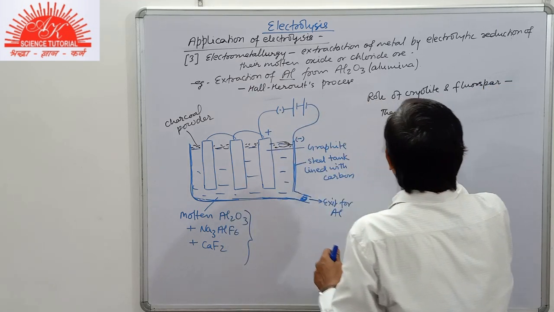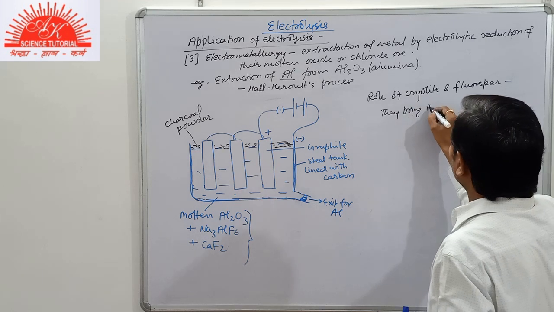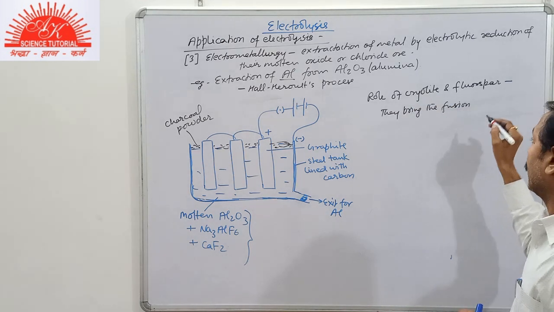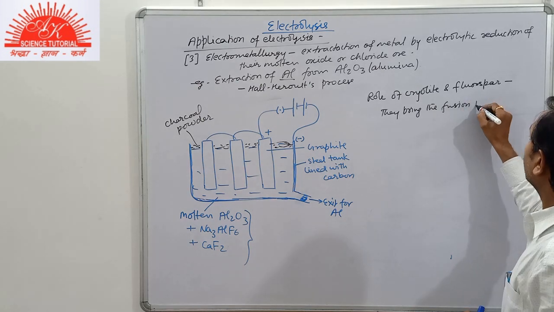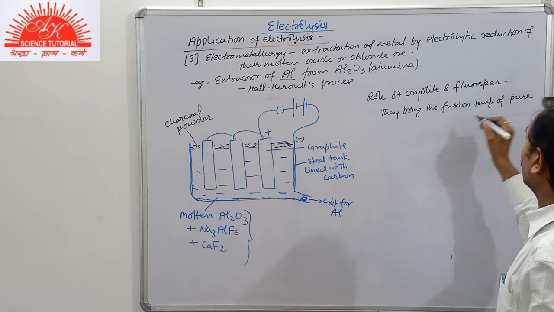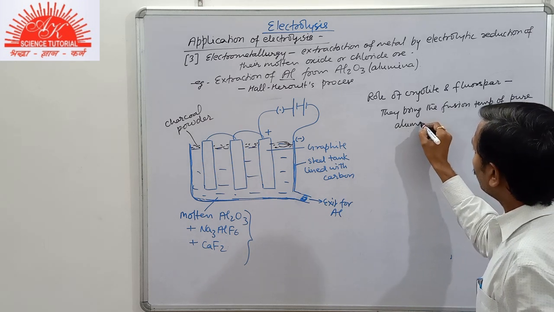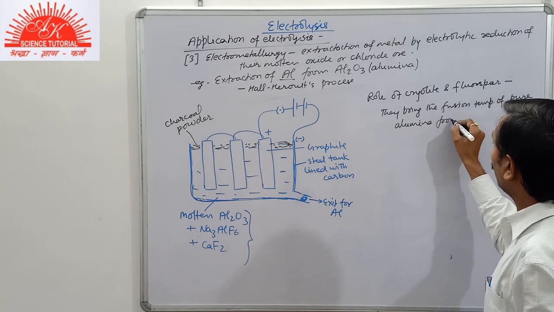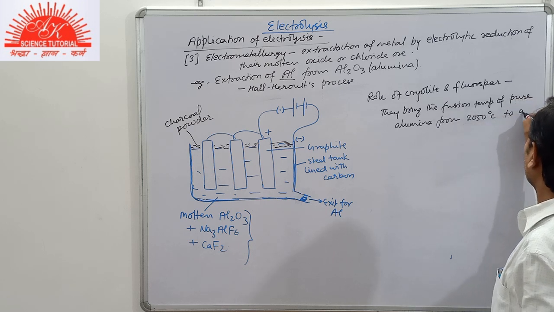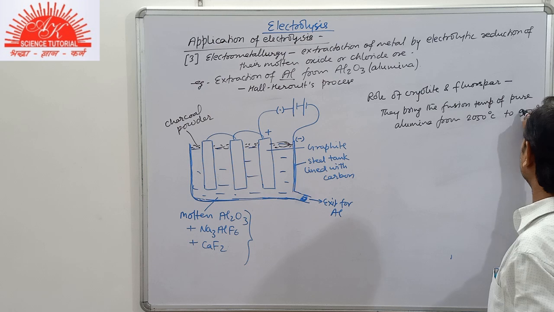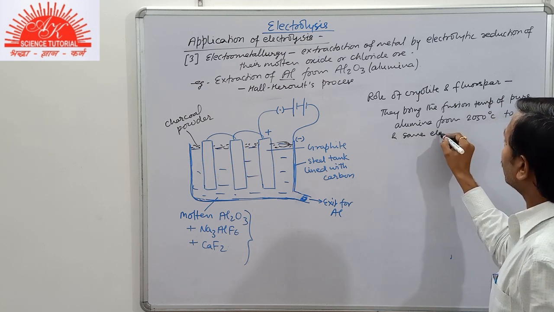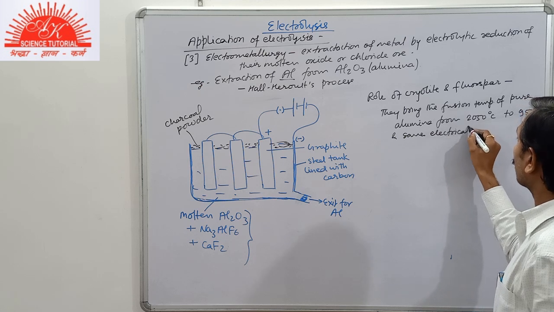They bring the fusion temperature, that is the melting point, of pure alumina from 2050 degrees Celsius to 950 degrees Celsius and save electrical energy.